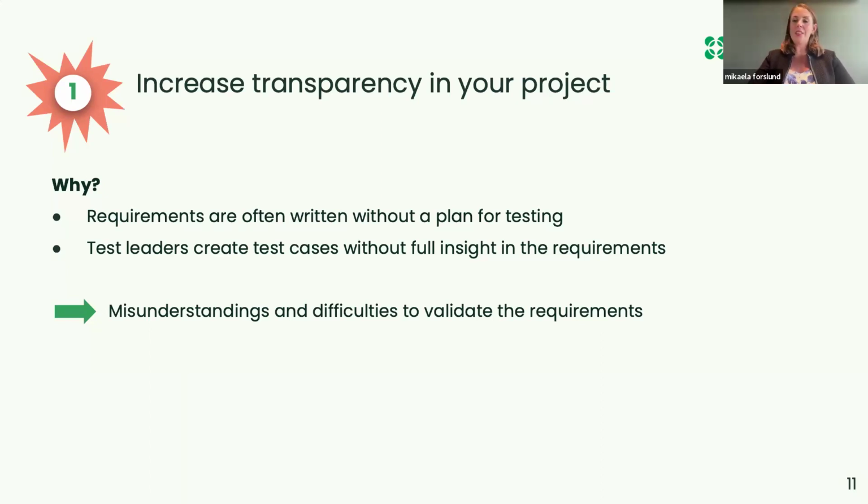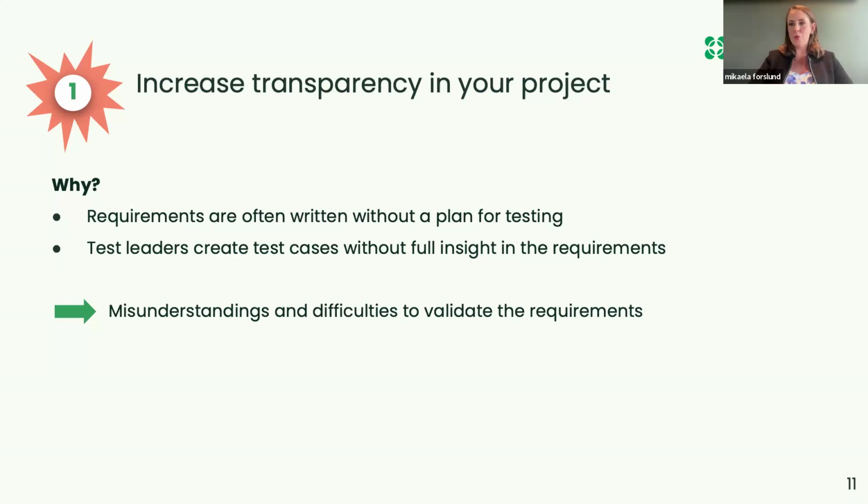And test leaders start writing test cases without having full insight into the requirements or any changes that have been made to the requirements. Not having a common understanding of the work that has been done and the work that's going to be tested leads to frustration. It leads to differences in how we interpret things. And in the end, it makes it very difficult to validate the requirements once we move into a test phase.